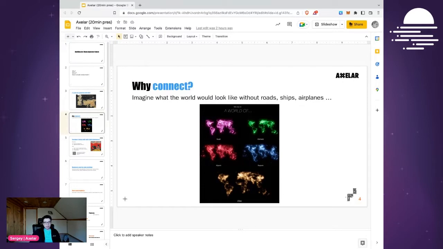If we think about it today, we take it for granted that everything in the world is pretty much interconnected, right? You can travel by air, you can take a car and drive from one city to another, you can take a boat cruise and so on and so forth. And there's, of course, the internet as well that connects information and allows us to communicate instantly from one side of the globe to another, just like we're doing right now.